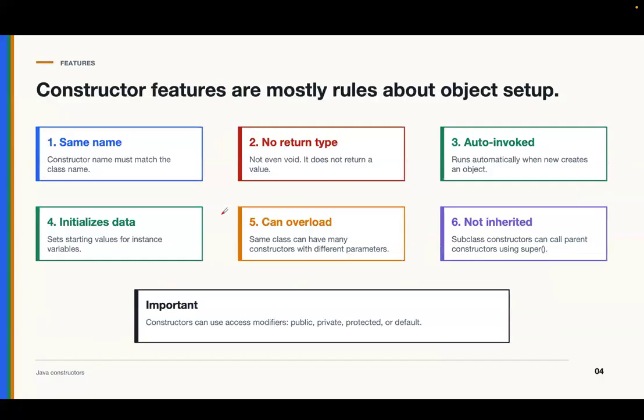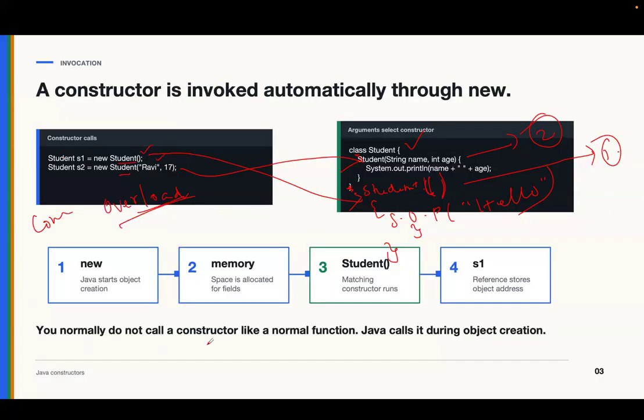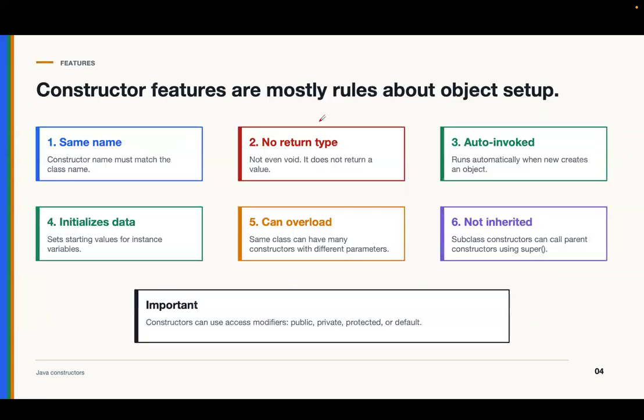Yes, sir. So you normally do not call a constructor like a normal function. Java calls it during object creation. Are we calling anything like S2.student? No, we don't need to explicitly call. Once it creates the object, it will call the constructor automatically.